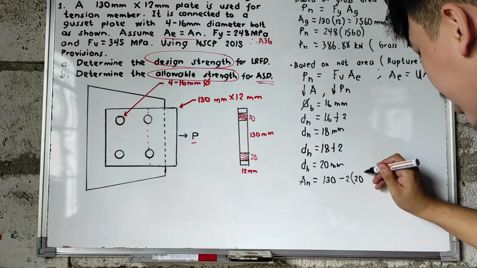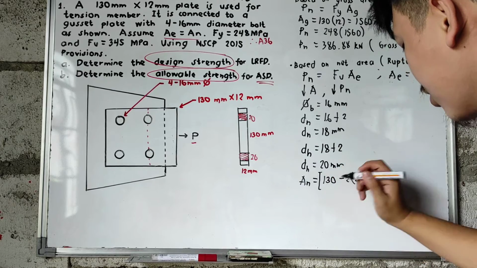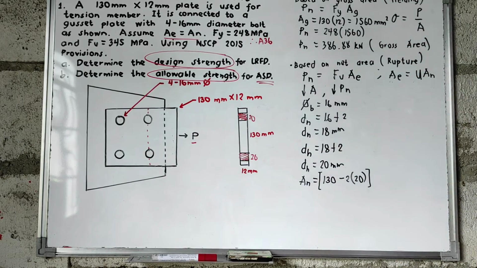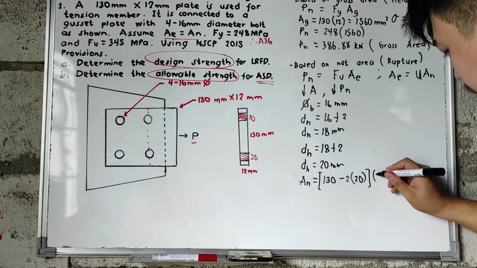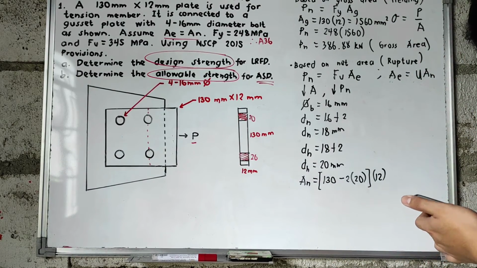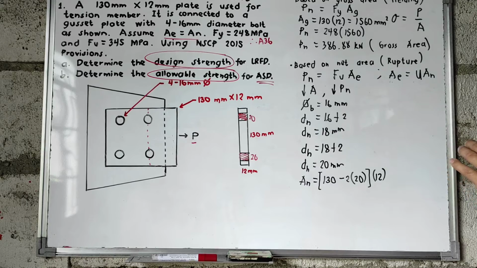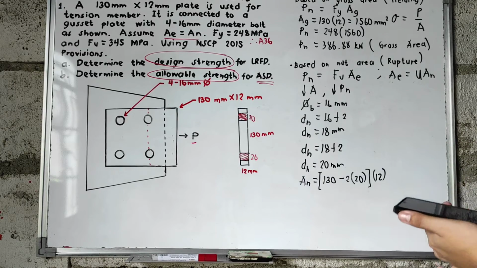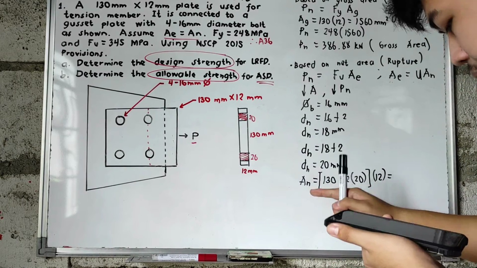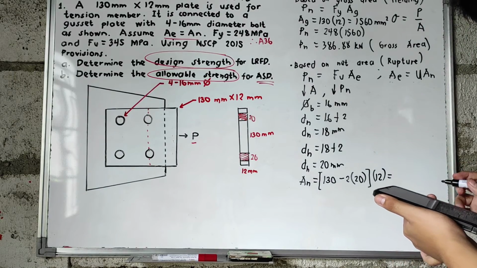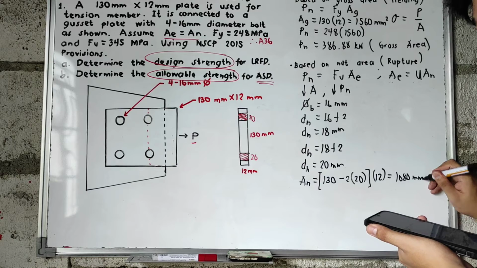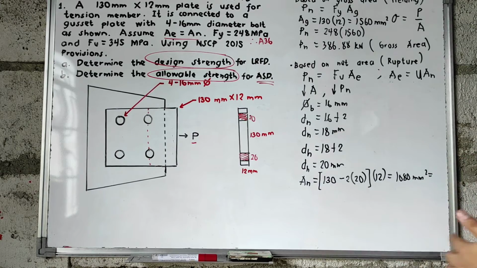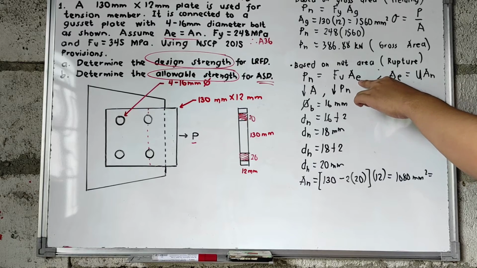So meron tayong 20 multiplied by, since kumukuha tayo ng net area, multiply natin yan sa thickness, which is equal to 12 mm. So for this one, the value of your A sub n is now equal to 1,080 mm squared.